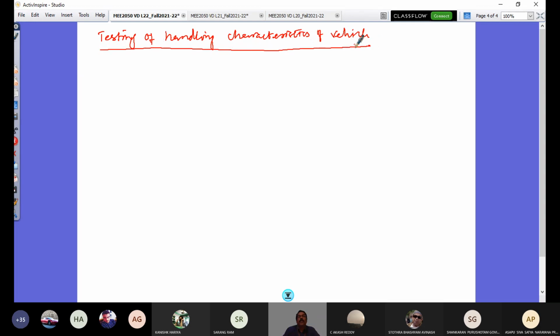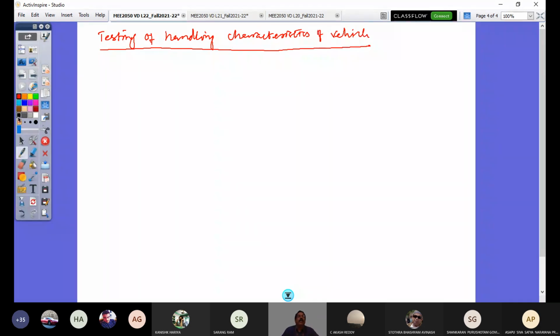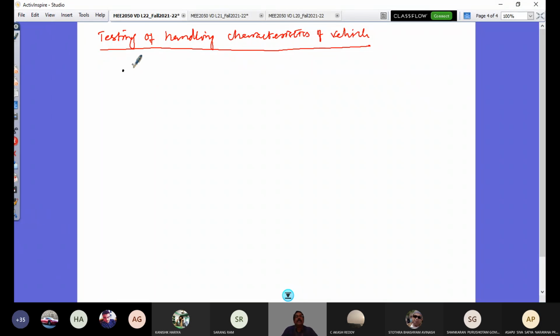So what are the various tests that are conducted? These tests are conducted on a test track called a skid pad. What are these skid pads? These skid pads are a flat surface, essentially a flat surface, with an asphalt road surface.